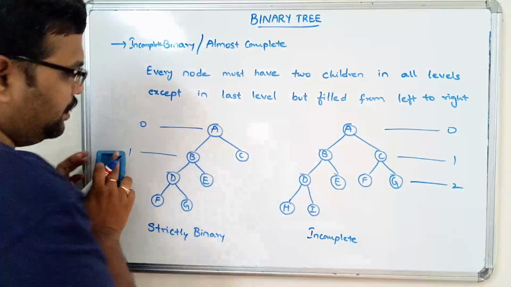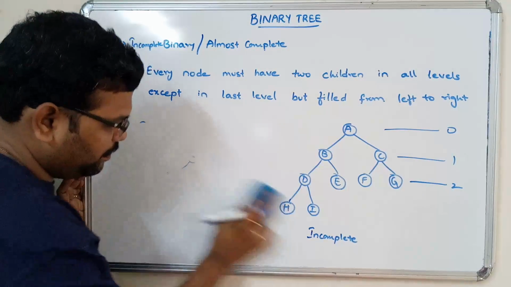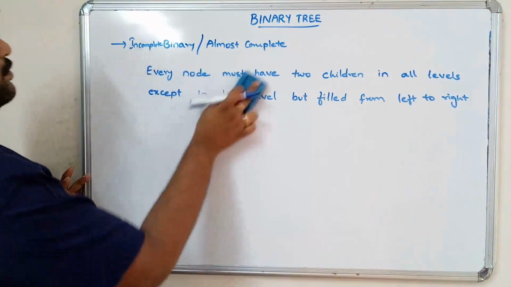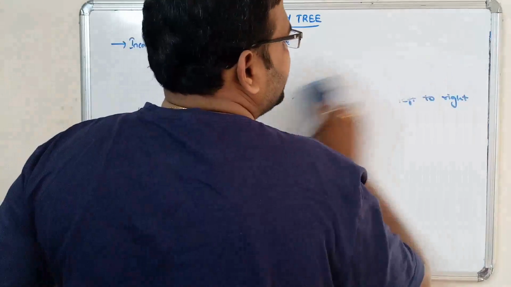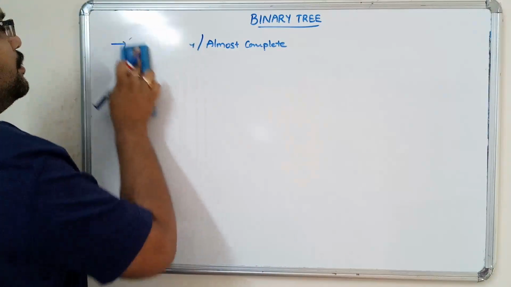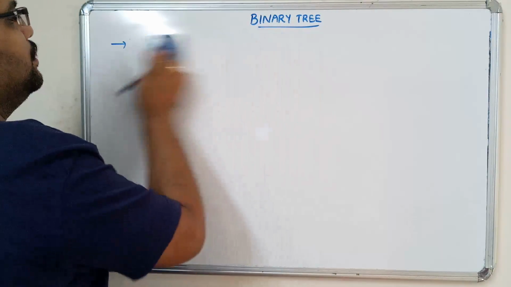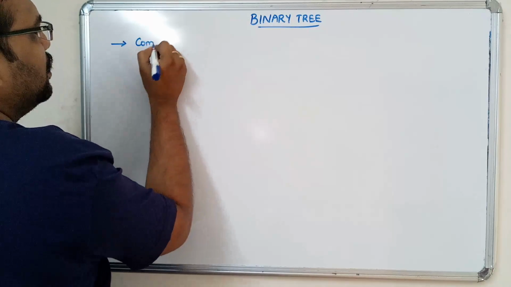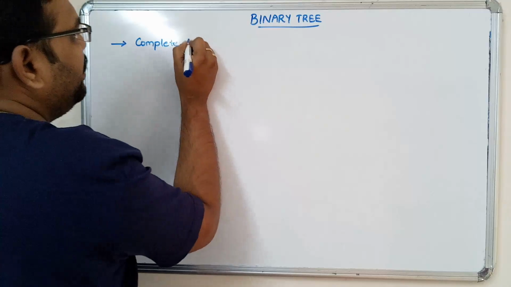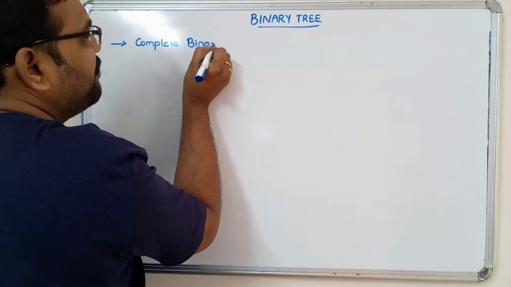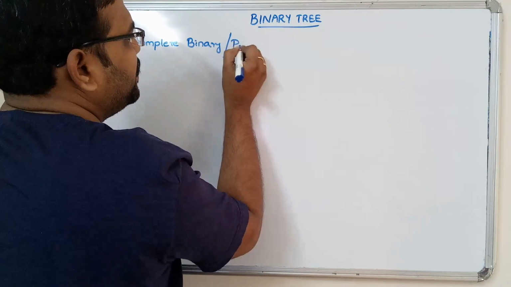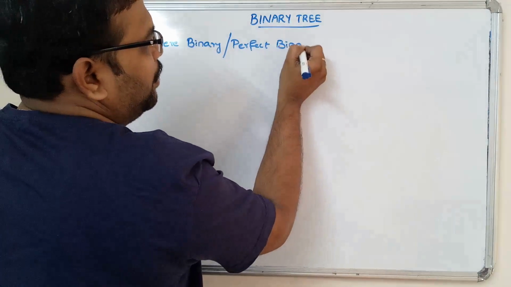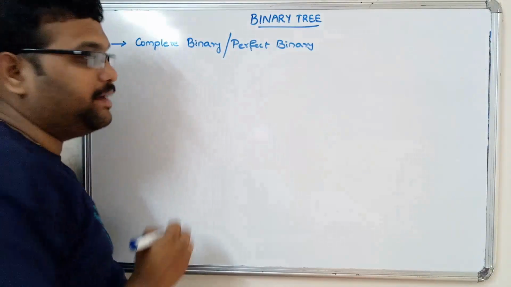Okay, now we will go with the next one, complete binary tree or perfect binary tree.